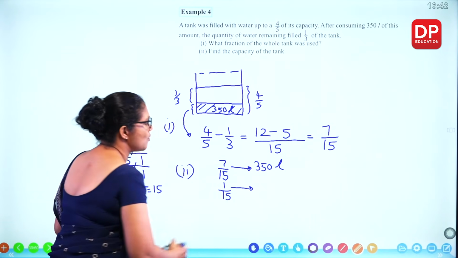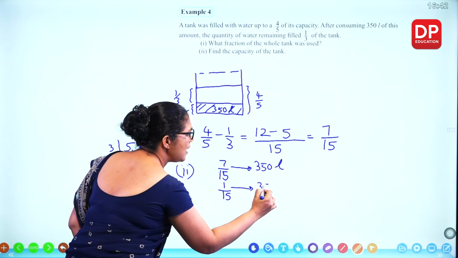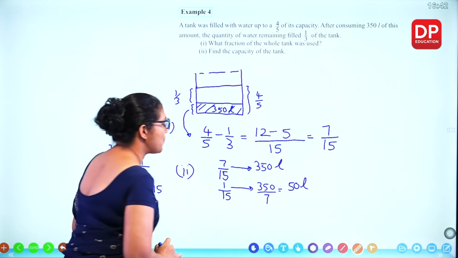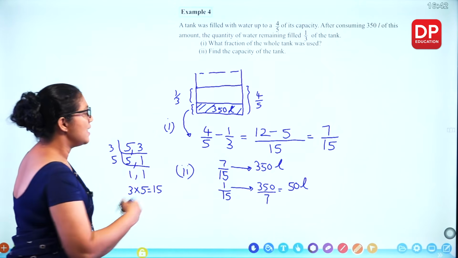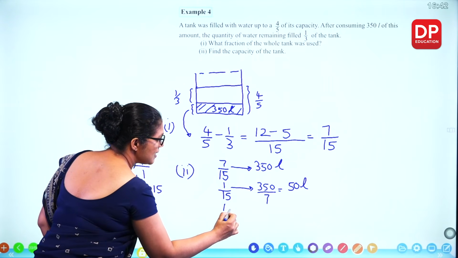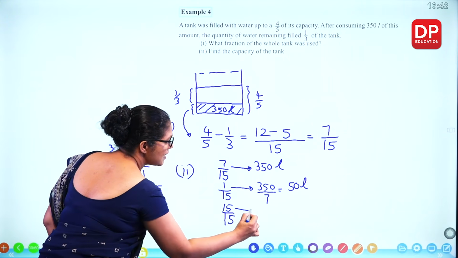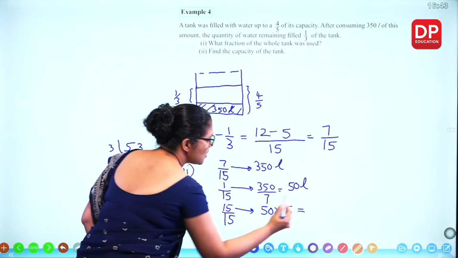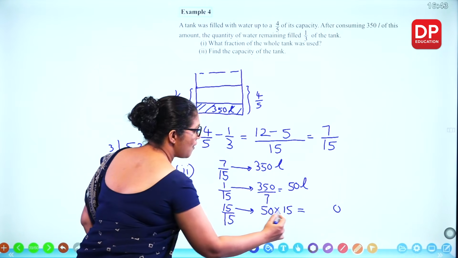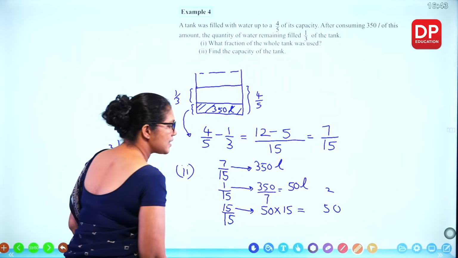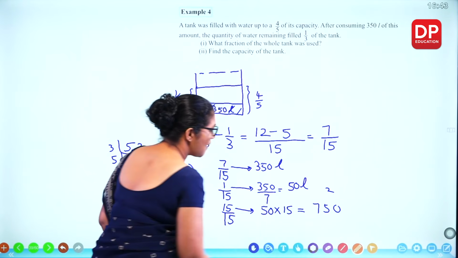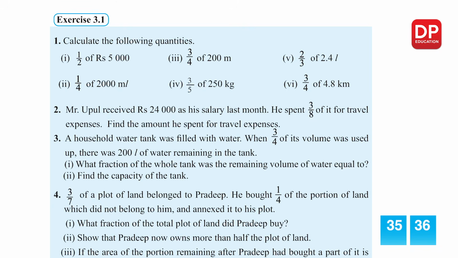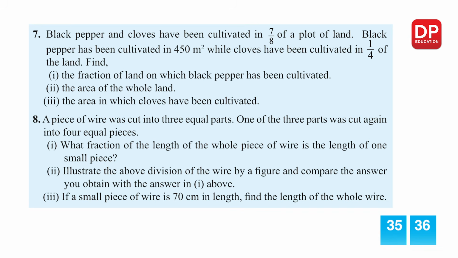You divide by 7, so you get 50 liters representing one part out of 15. To fill the full tank we need to consider 15 parts, so you multiply 50 by 15. The answer is 750 liters.